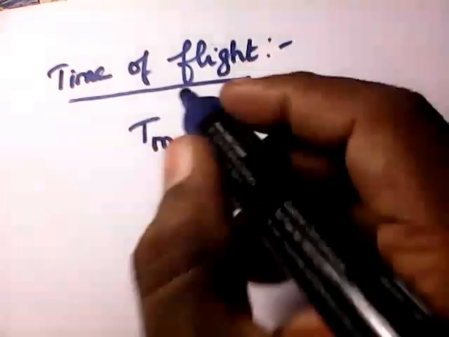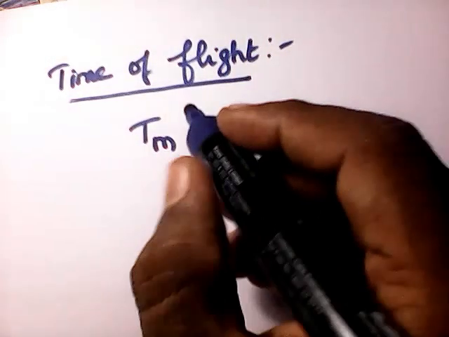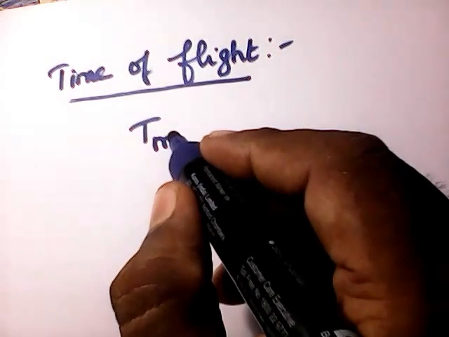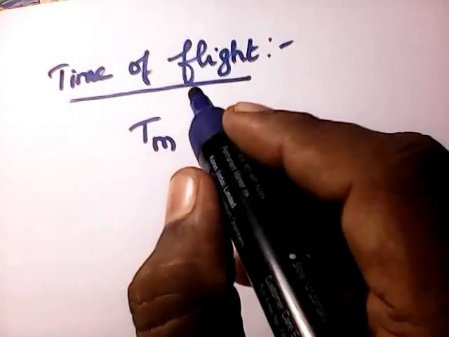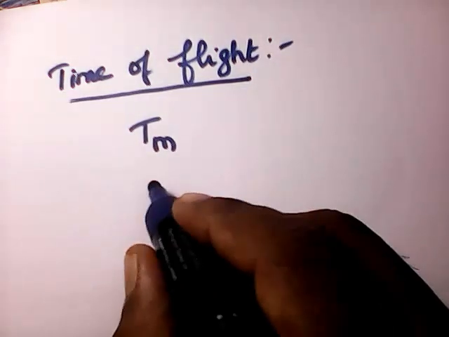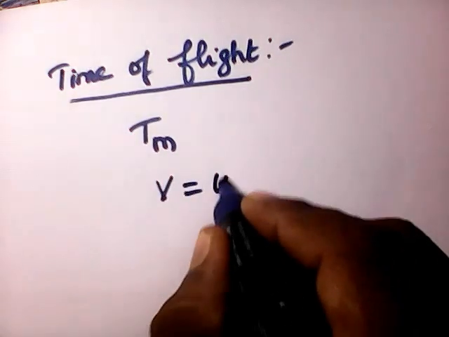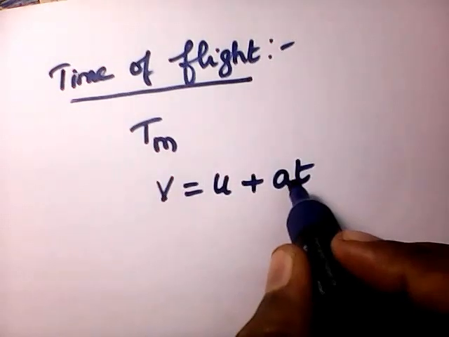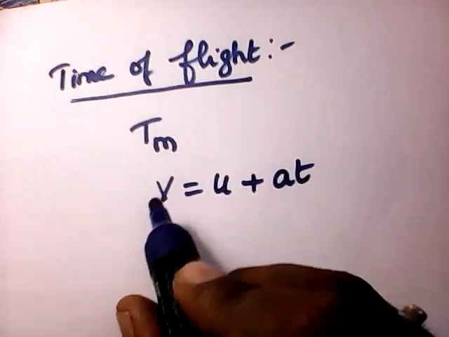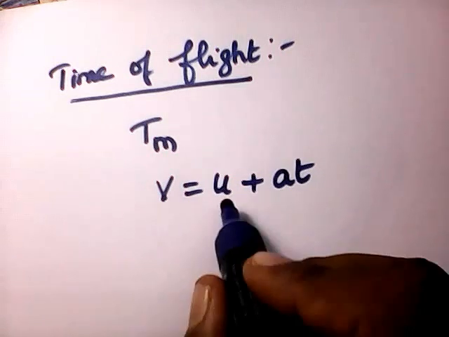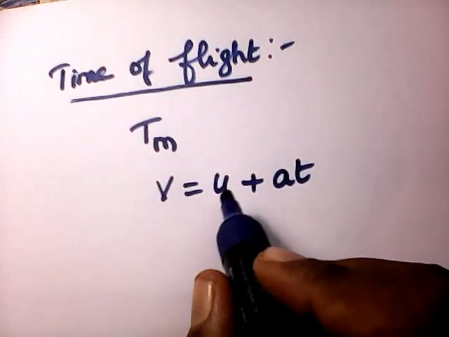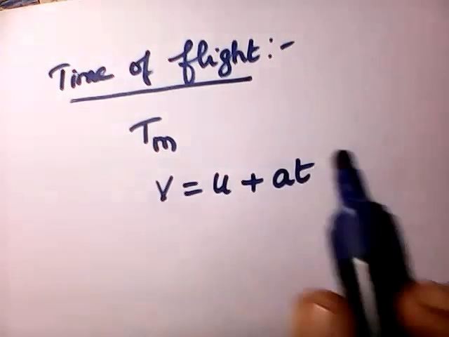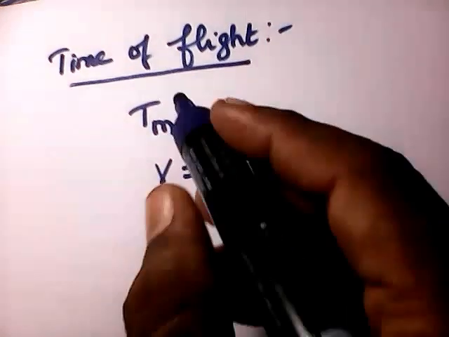For maximum height the velocity u sin theta is responsible. We take the general equation v is equal to u plus at, where t is time and u is the initial velocity.